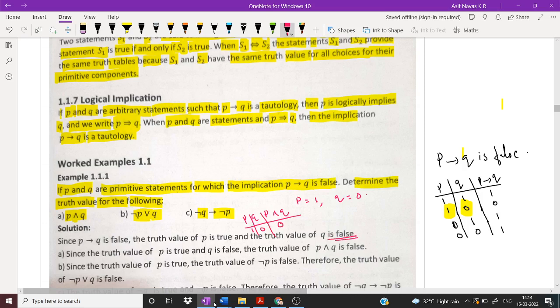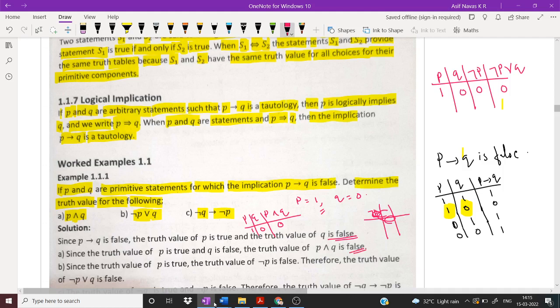Next, negation P disjunction Q. P is true and Q is false, so negation P is false, and negation P disjunction Q is false. So the statement is false.